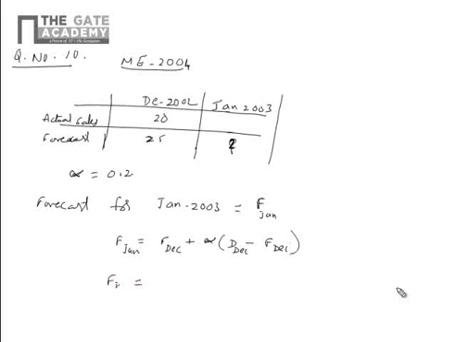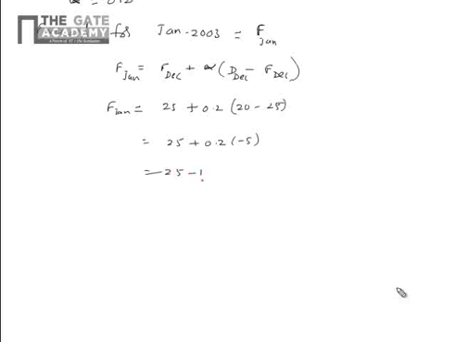So F Jan equals F December, the forecast for December, is 25 plus 0.2 into D December, which is 20 minus 25. 25 plus 0.2 into minus 5. 5 twos are 10, so 25 minus 1, 24.